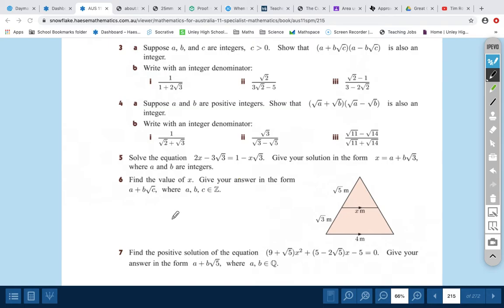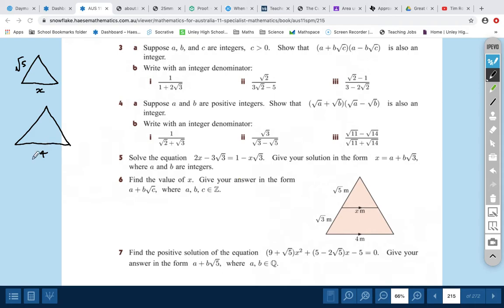So, I think the way to go with this, I'll draw the little triangles. I think there's a couple of things we could do, but the one that's sticking out to me is to compare the ratio of the bottom side, right?